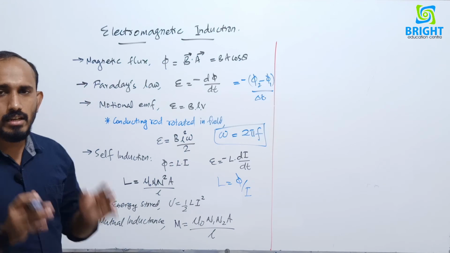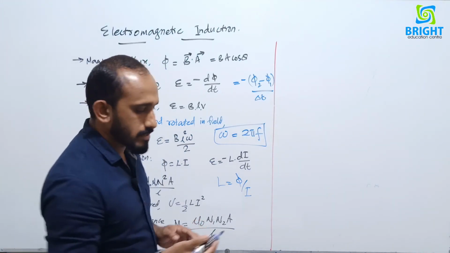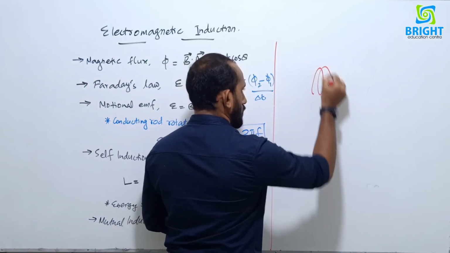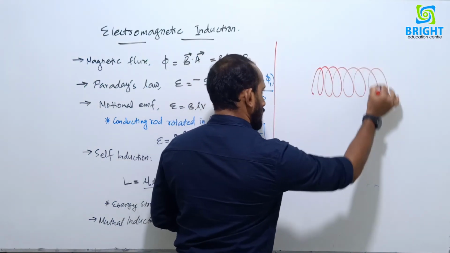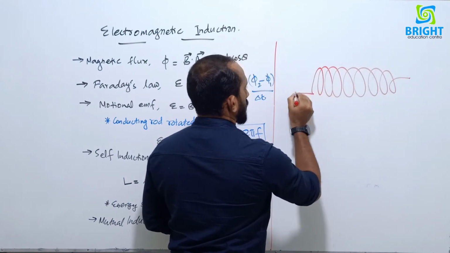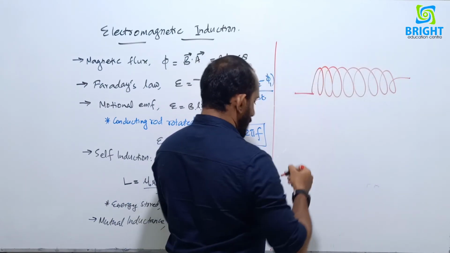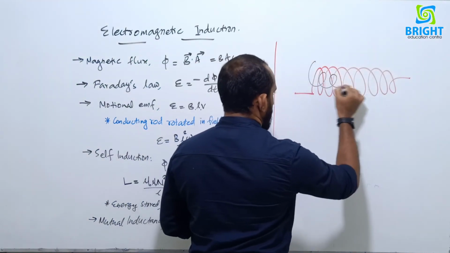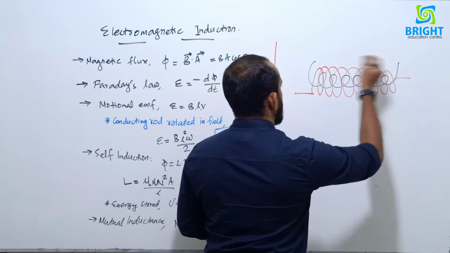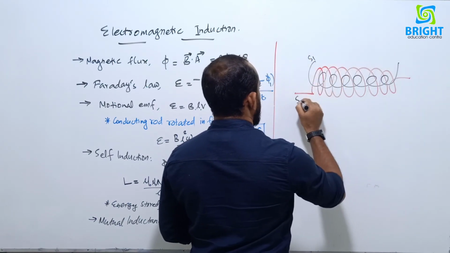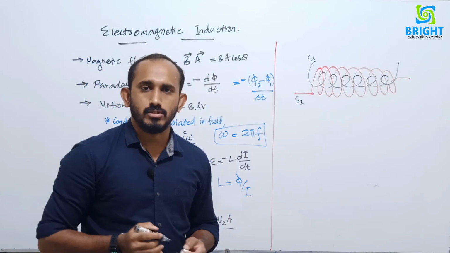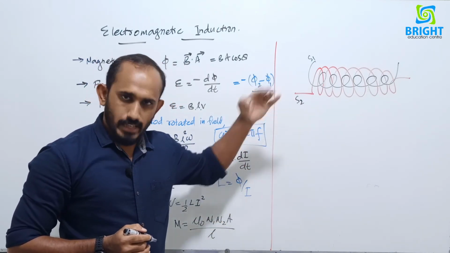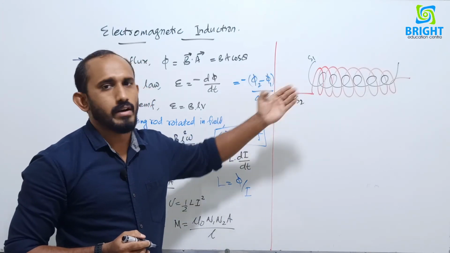Now if instead of a single coil, there are two coils, wound one over another, like another coil kept inside it, then if current is passed through one coil, in the second coil an EMF will be induced, and if a current is passed in the second coil, in the first coil an EMF will be induced.